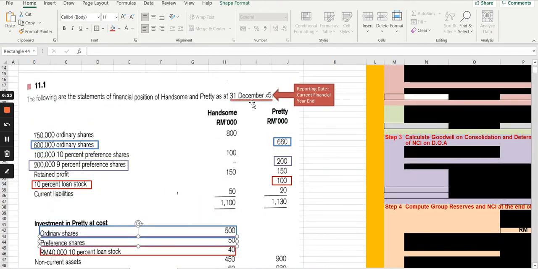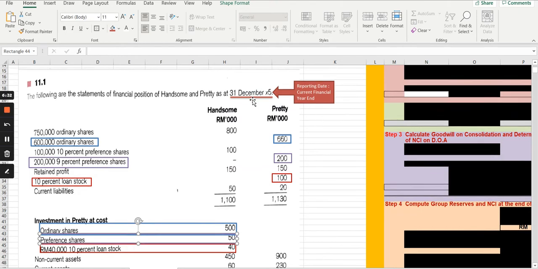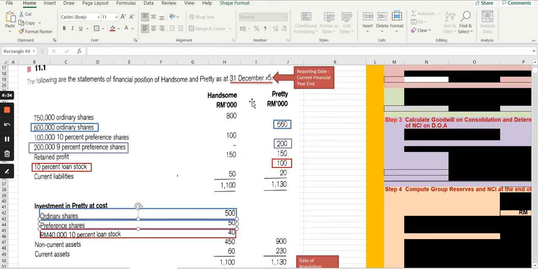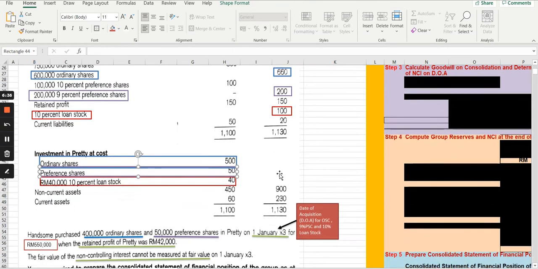And this one is 31st of December, year 5, right? Which is after 3 years of acquisition. Then only you are going to prepare the consolidated statement of financial position after 3 years. Because on 31st of December, year 3, you have not yet prepared consolidated statements. 31st of December, year 4, no consolidation.